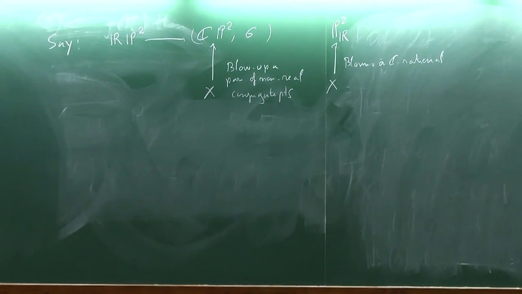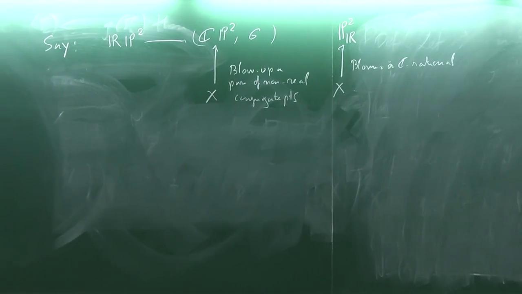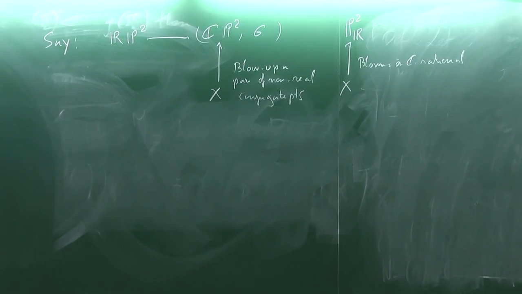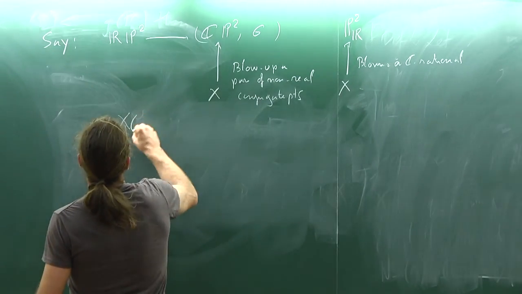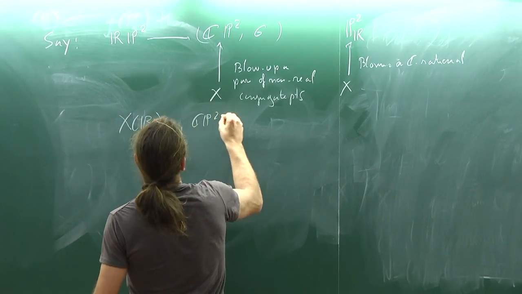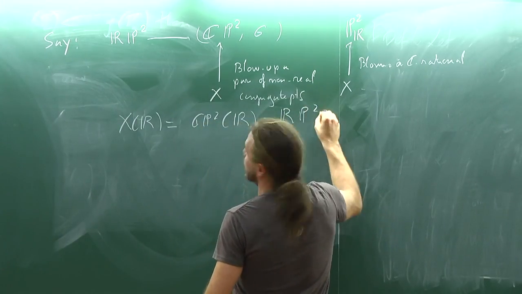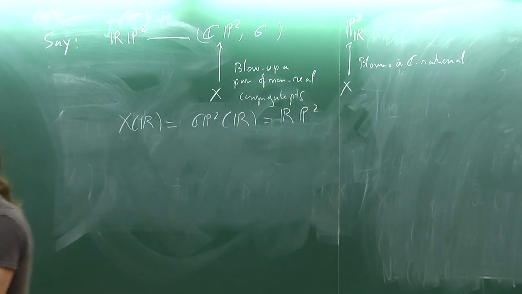So by doing this, I'm just replacing a pair of complex conjugate points by two copies of P1R, which are conjugate to each other. So I'm not changing the real locus, right? The real locus is exactly the same, and this is just RP2, right? So this is one way you can cook up other models.